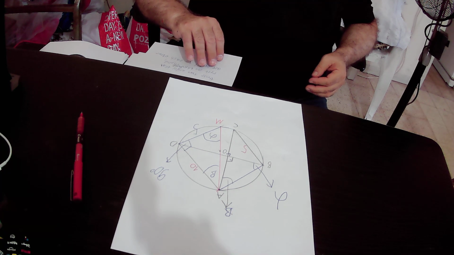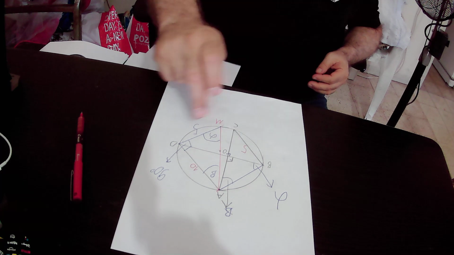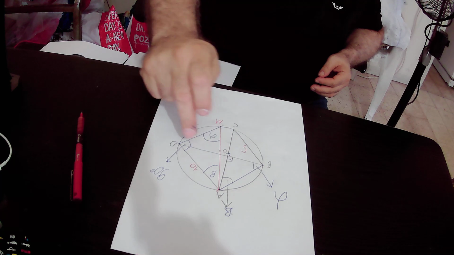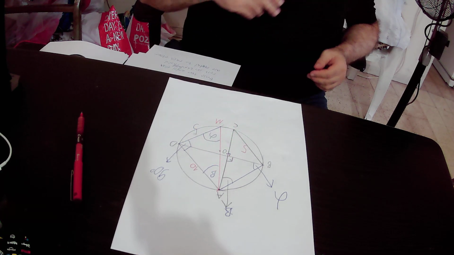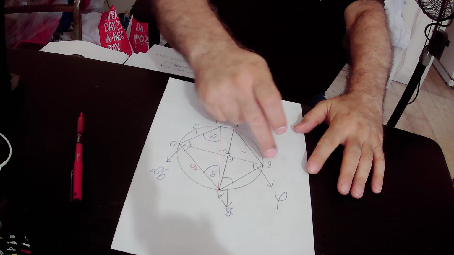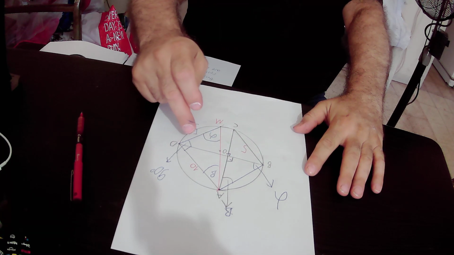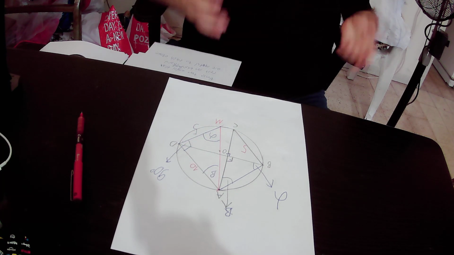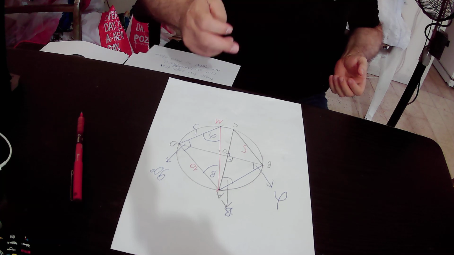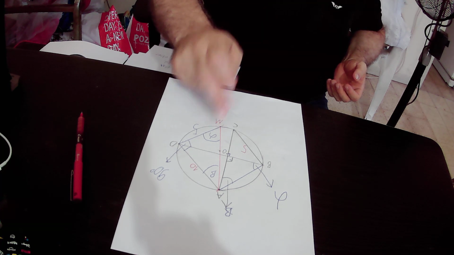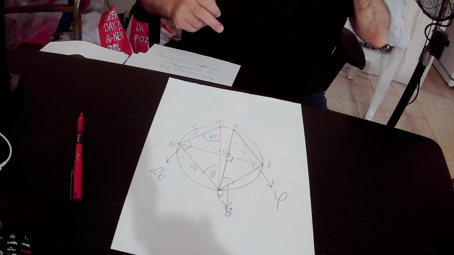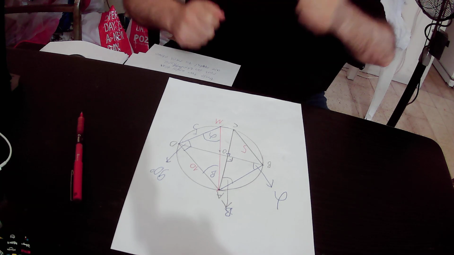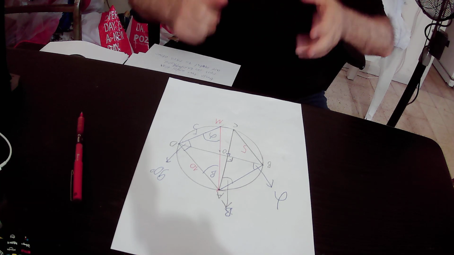We have angle AMD that equals alpha, and it rests on chord AD. But angle ABD also rests on the same chord AD. For that reason, according to rule number 2, it will also be equal to alpha, because two peripheral angles that rest on the same chord are equal to each other.